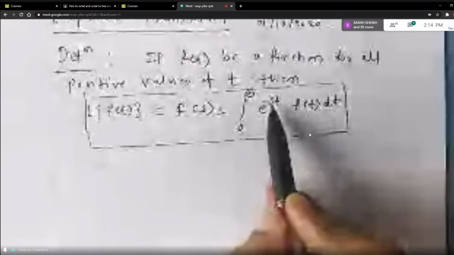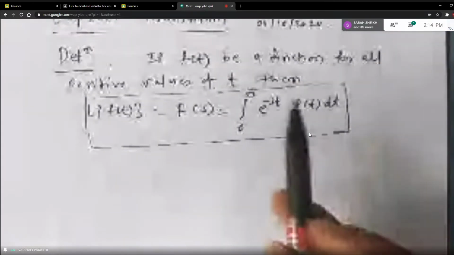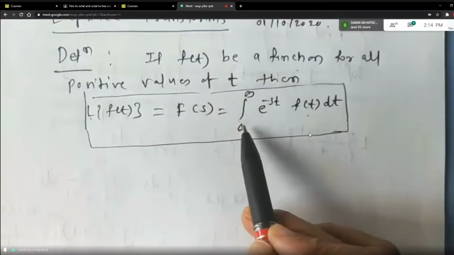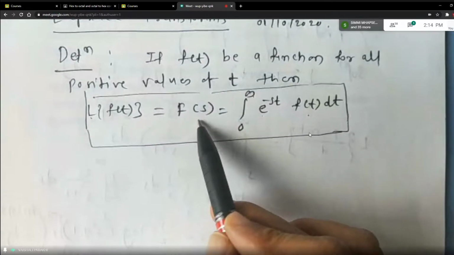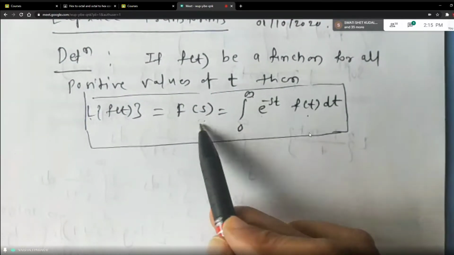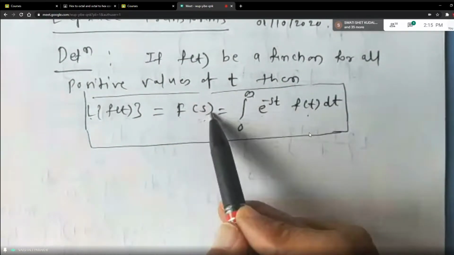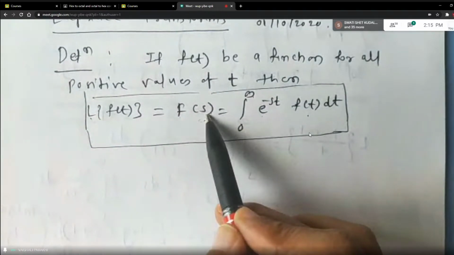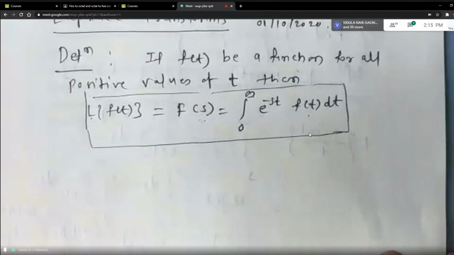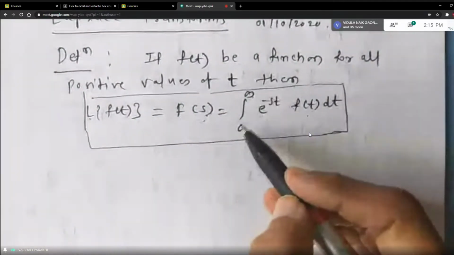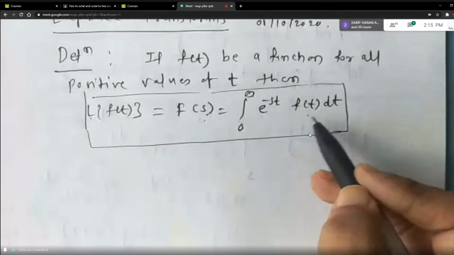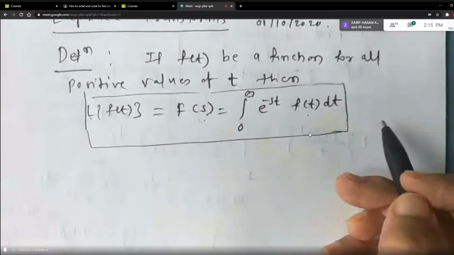In e raised to minus st, s is a parameter. So when you solve this integral with the limit 0 to infinity, your answer will be in terms of s. And that's why it is also denoted as a function of s, that is capital F of s. So what is the formula for Laplace transform? Integral from 0 to infinity e raised to minus st f of t dt.